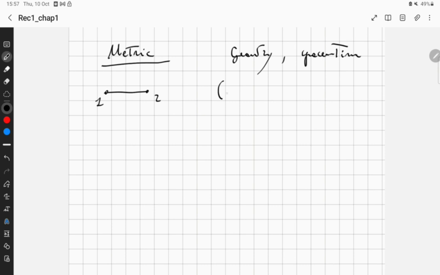So we have 1 and 2, and we have these 2 events described by the Cartesian coordinates in 4 dimensions, so 3 space dimensions and 1 time dimension. So we want to have a definition of the distance between these 2 events.